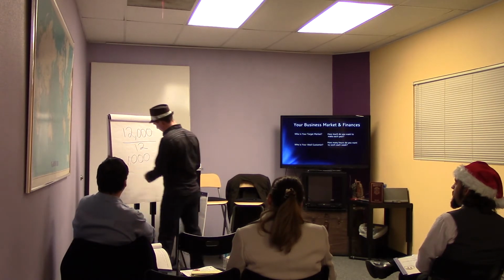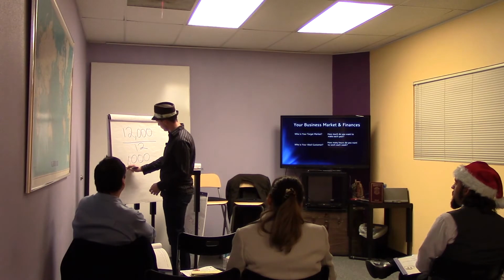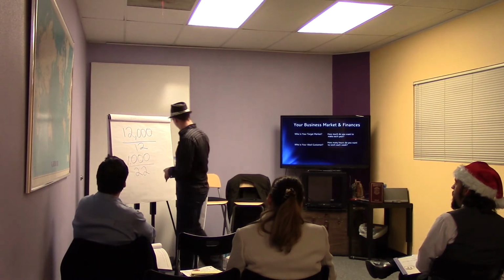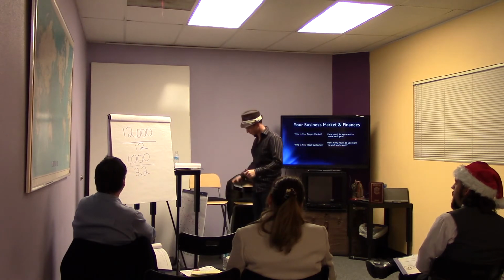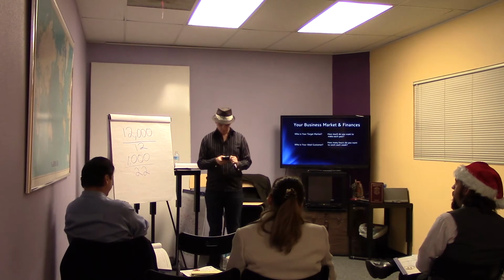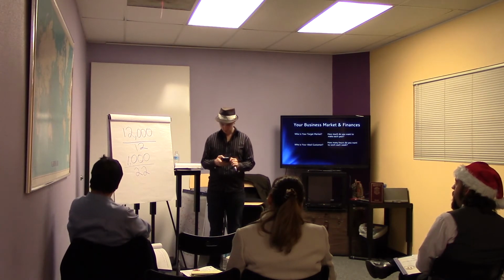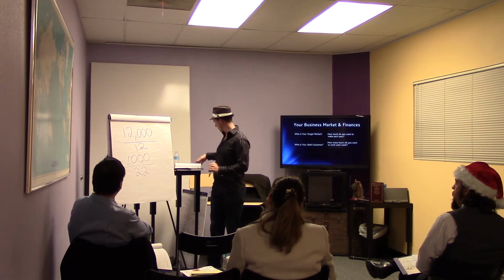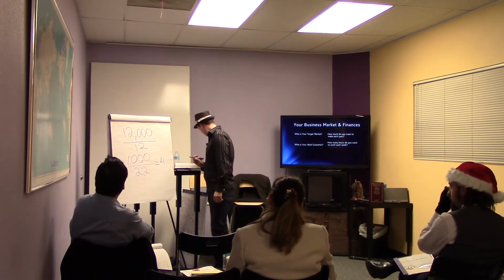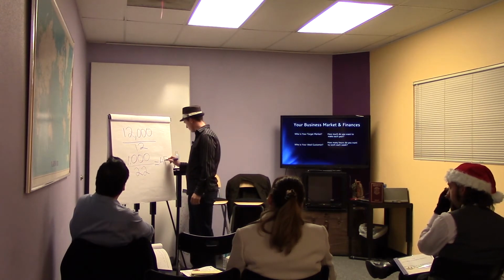All right, so let's just say you work 22 days out of the month. That's where I need the math. 1,000 divided by 22 is $45 a day.